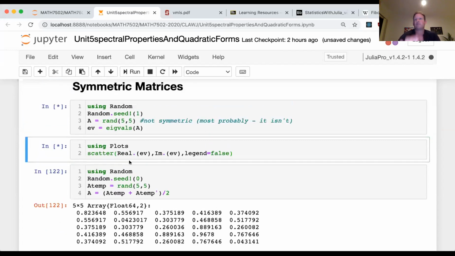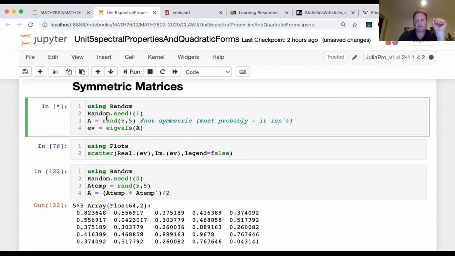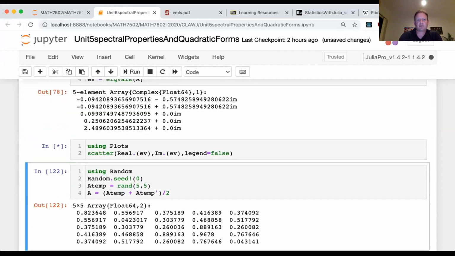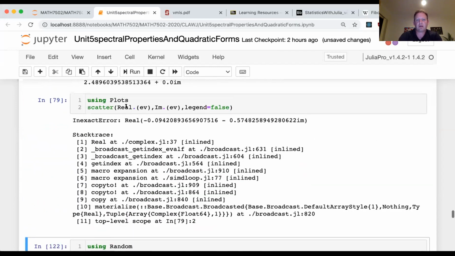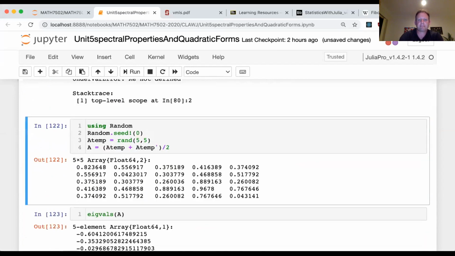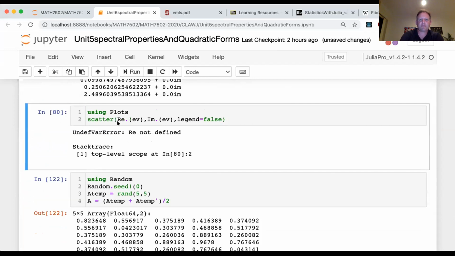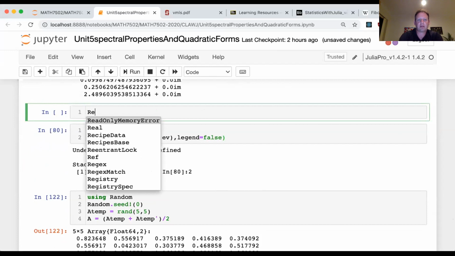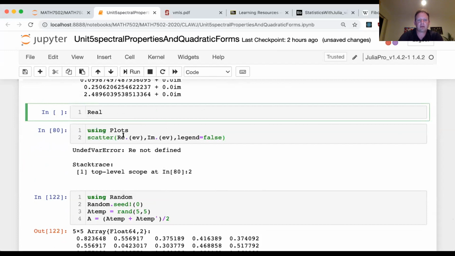So it's important to plot the eigenvalues on the plane sometimes. I'll explain why. But that's kind of a side story. So the eigenvalues, give us a plot, please. Okay, now I think this is real. Sorry. Real. Okay.